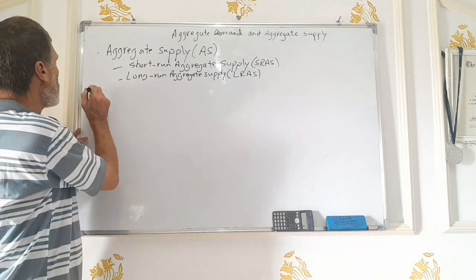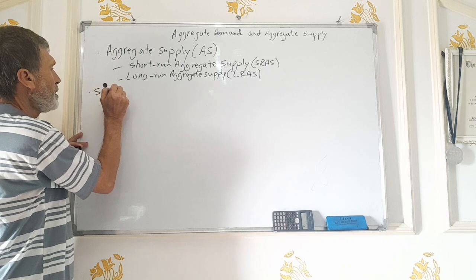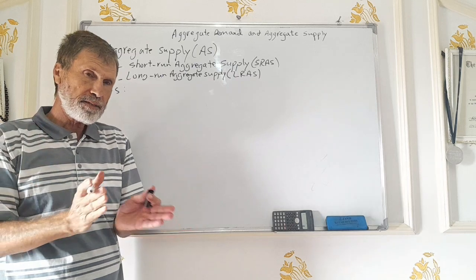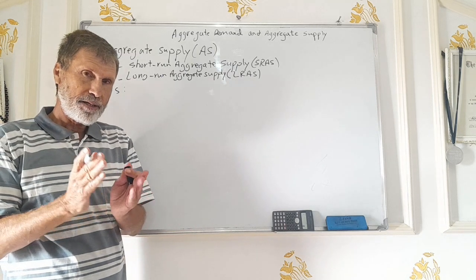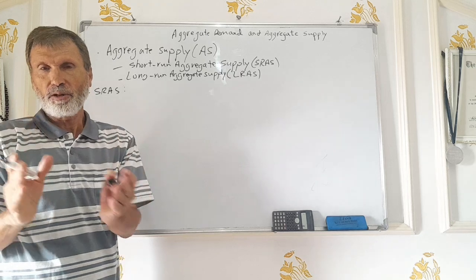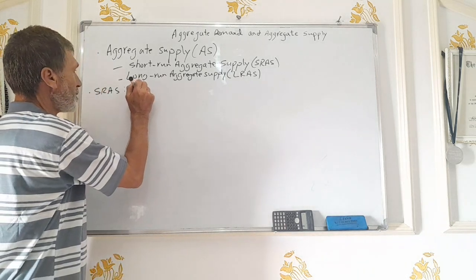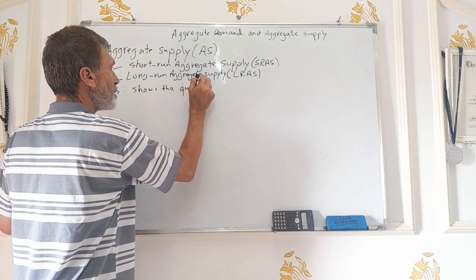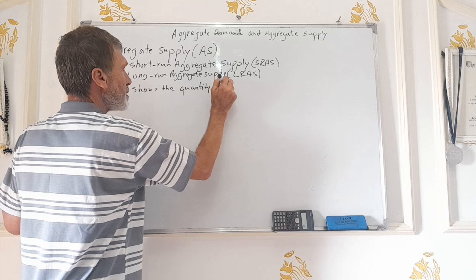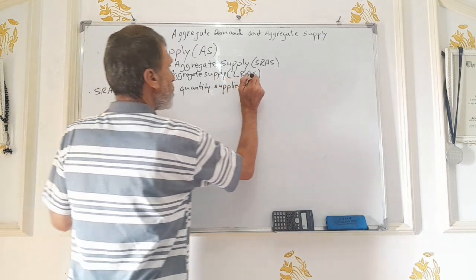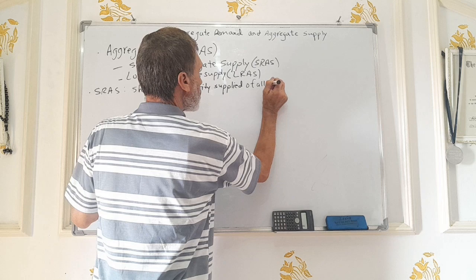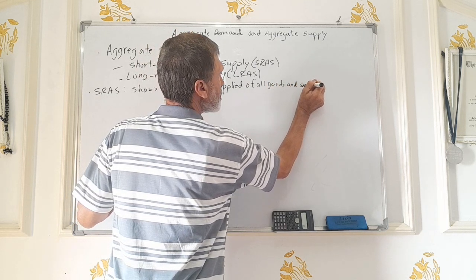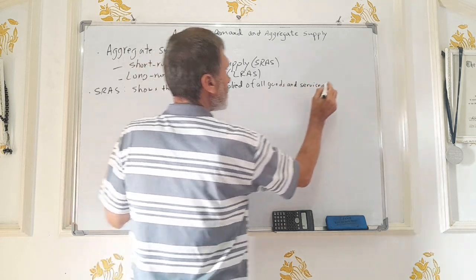The short run aggregate supply shows the quantity supplied of all goods and services in the economy, which are basically real GDP or output.